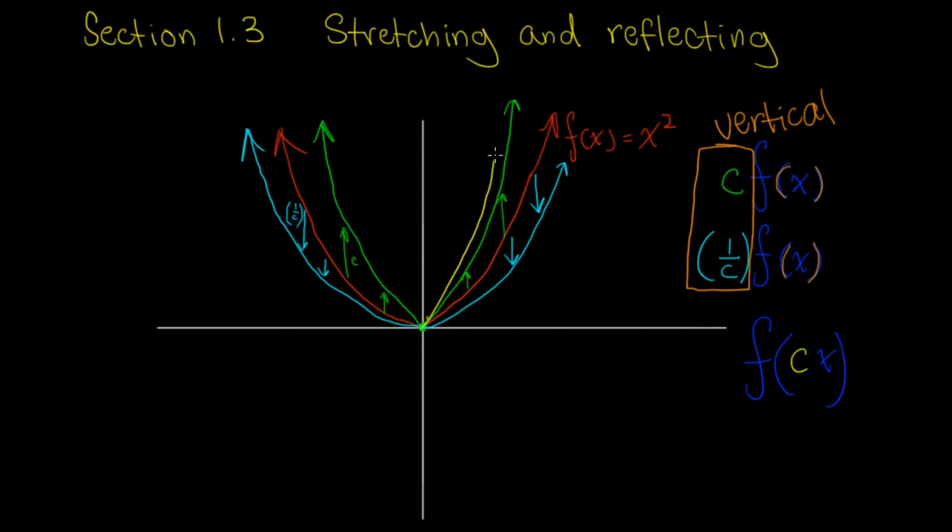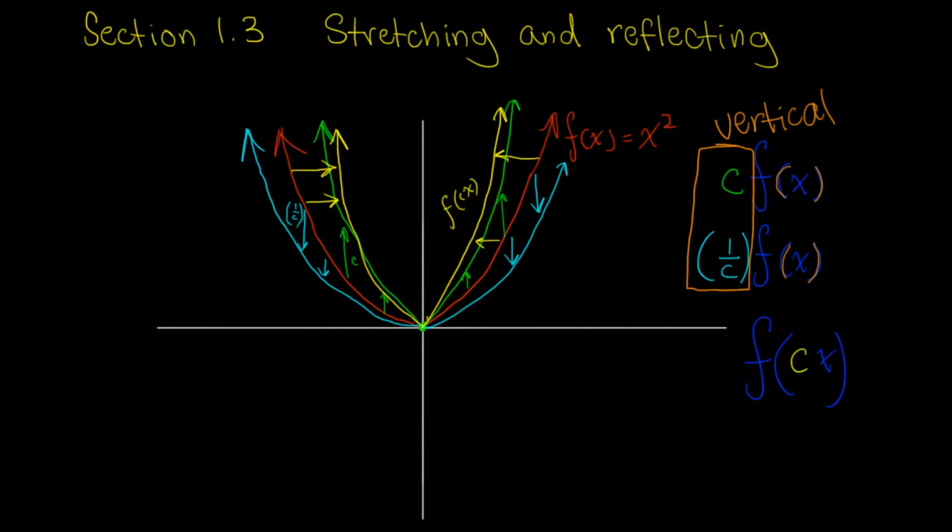It's basically going to be the same as this green one here, except it's not really vertical, it's horizontal. So you think of it this way, bam, like that, bam to the yellow, like that. So that would be f of c times x, and that's shrinking by a factor of c.